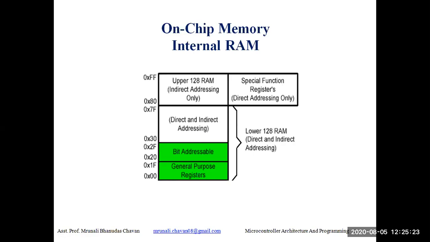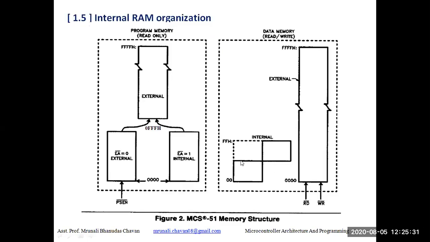The internal data memory space is divided into 3 blocks: the lower 128 bytes, that is 00 to 7FH, the upper 128 bytes, that is 80 to FFH, and the SFRs.